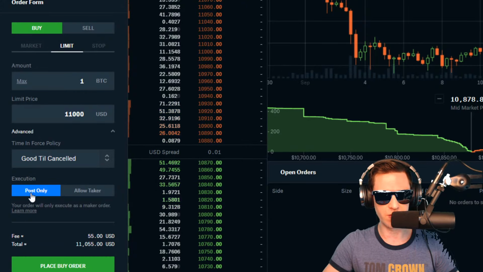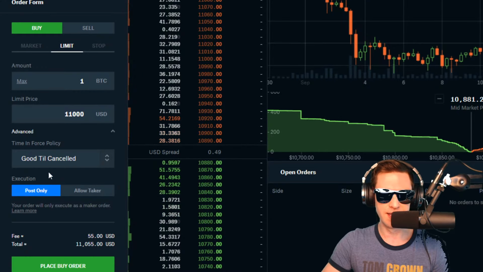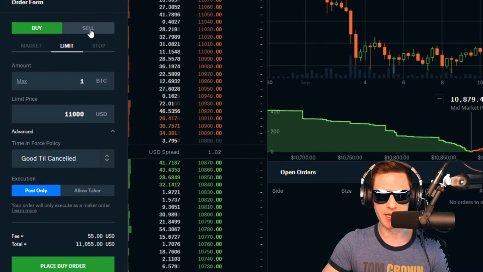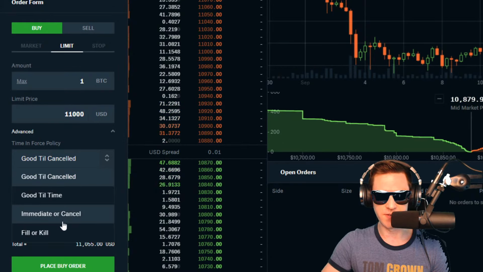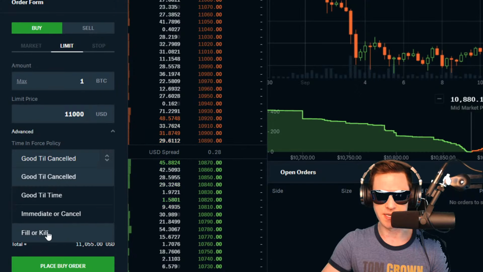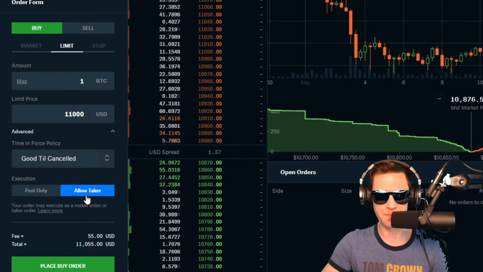One more thing down here, you'll see execution. So, post only. 99.9% of the time, when you're doing a limit order buy or sell, you want it to be post only. The reason for this is post only makes it a limit order. If you do allow taker, it's very similar to immediate or cancel or fill or kill.